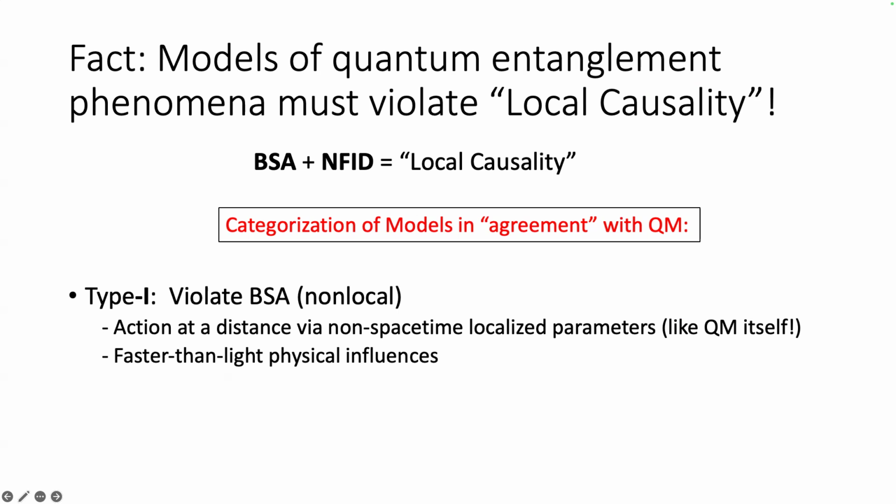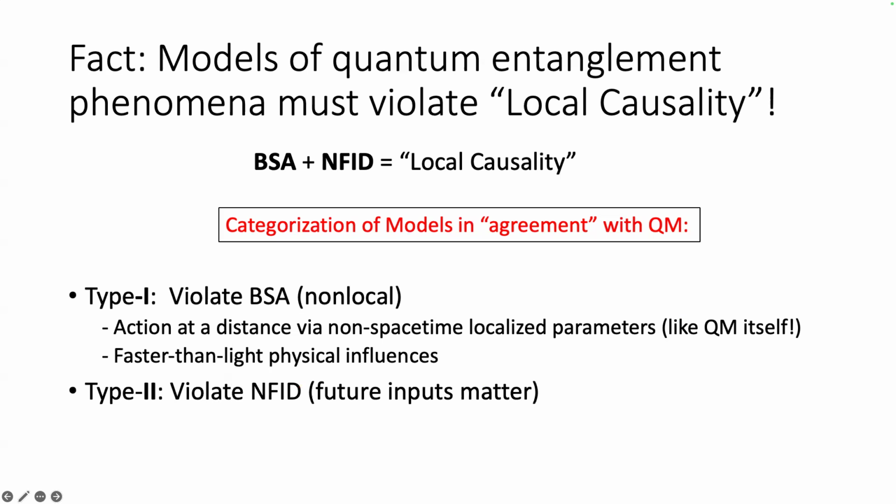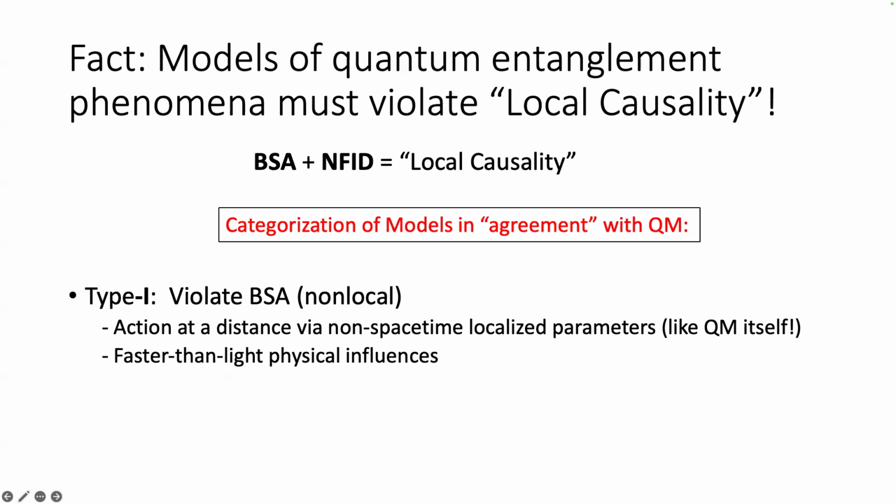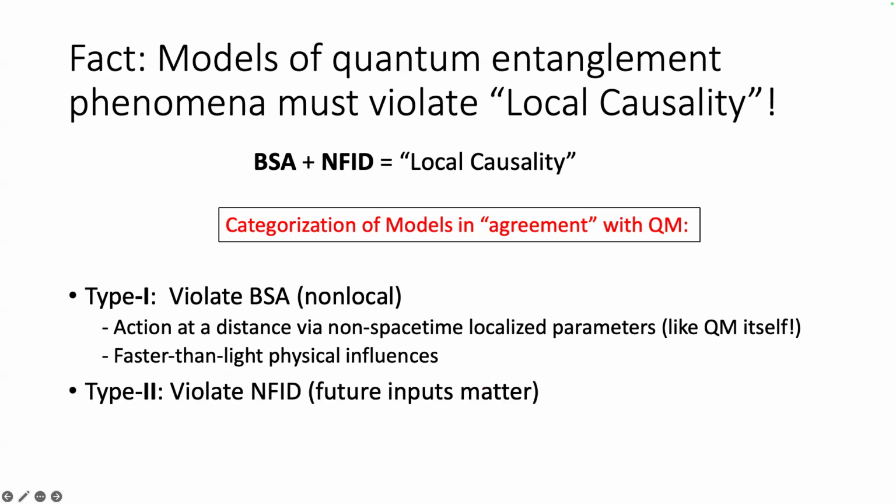Or maybe there are tachyons, something faster than light, zooming from region 1 to region 2 faster than you can get. Or maybe wormholes are opening up, right? People postulate this. That's all type 1. So everything in there is type 1. There's type 2. You violate the other one. The future inputs matter. That's what I'm interested in. Violate the no future input dependence. I guess you could have a type 3 where you violate both.